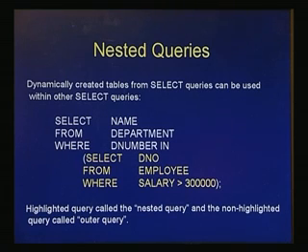So essentially this query is asking the database, show me all departments which pay greater than 3 lakhs as a salary. So the highlighted query, the yellow part of the query here, is called the nested query, and the non-highlighted query is called the outer query in this case.